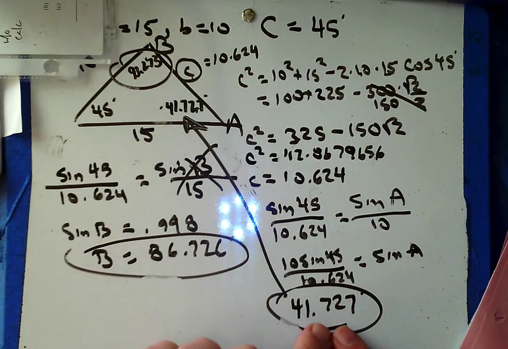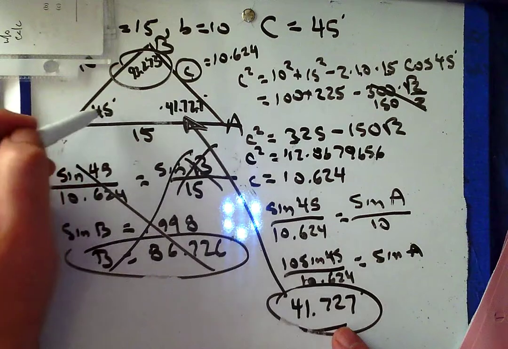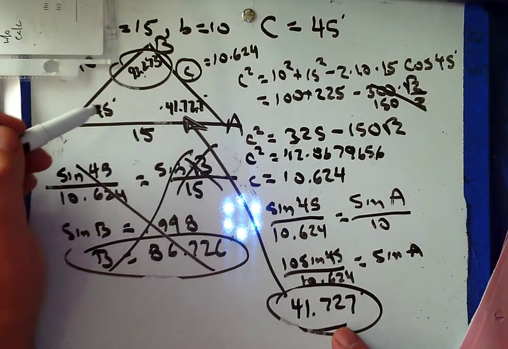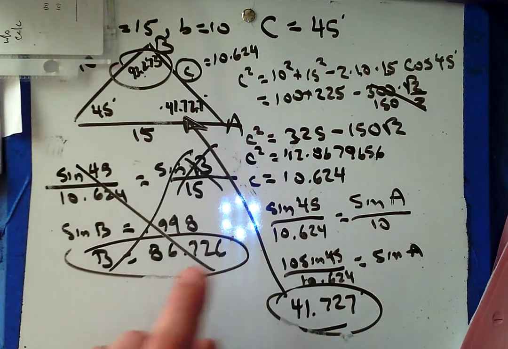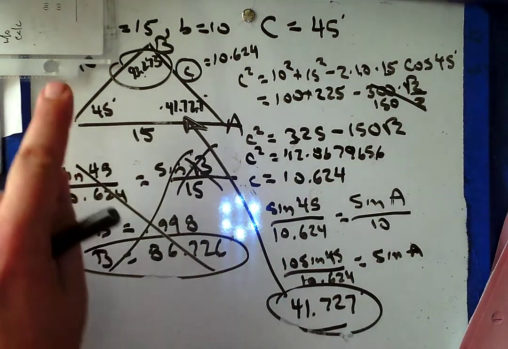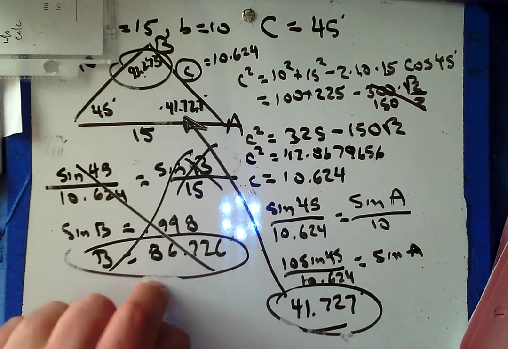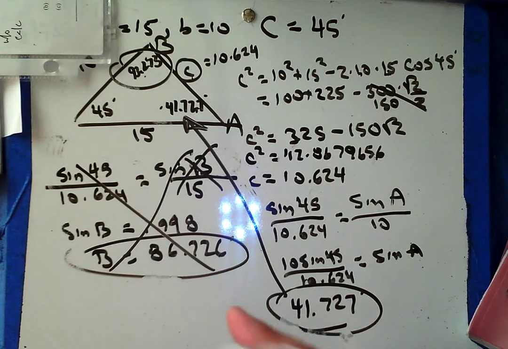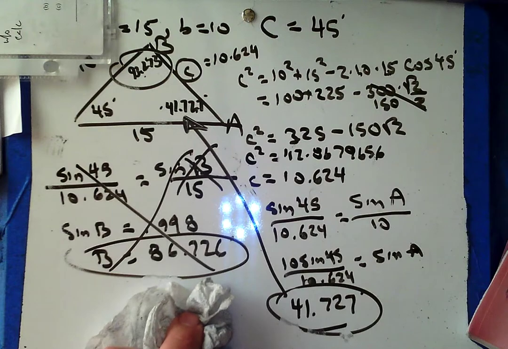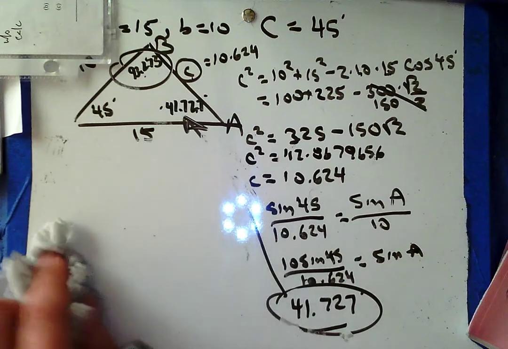And when I find the smaller one first with law of sines, then I can subtract the two angles I found from 180 and correctly get this one. But if I switch from law of cosines to law of sines and find the bigger of the two angles, I'm probably going to be finding not my angle, but the supplement to my angle, because we're kind of creating that side-side-angle situation with two different solutions. So that's something to watch out for.